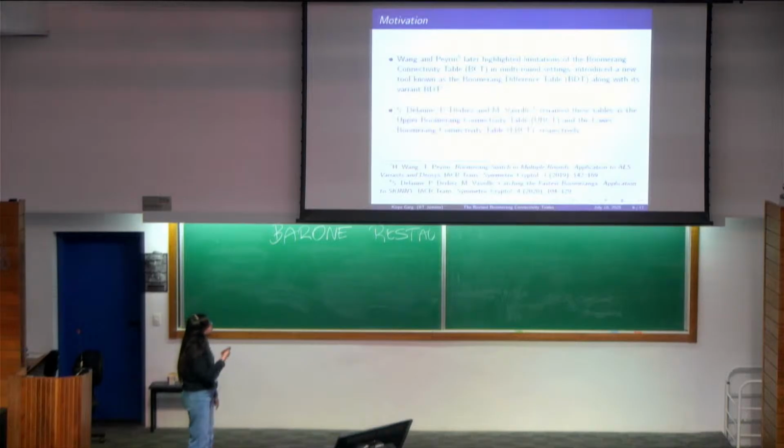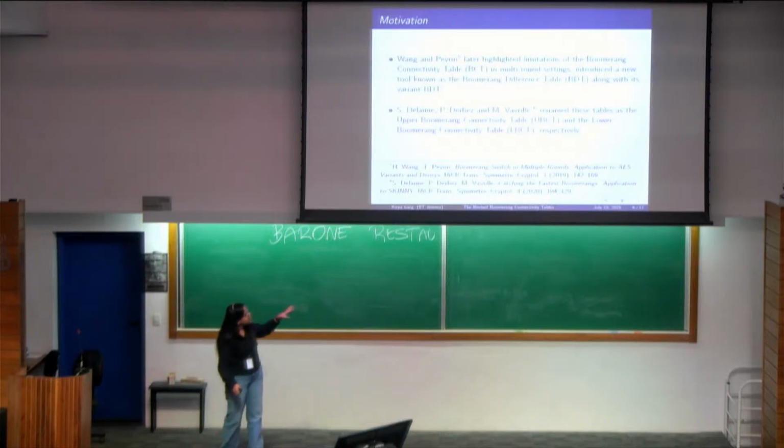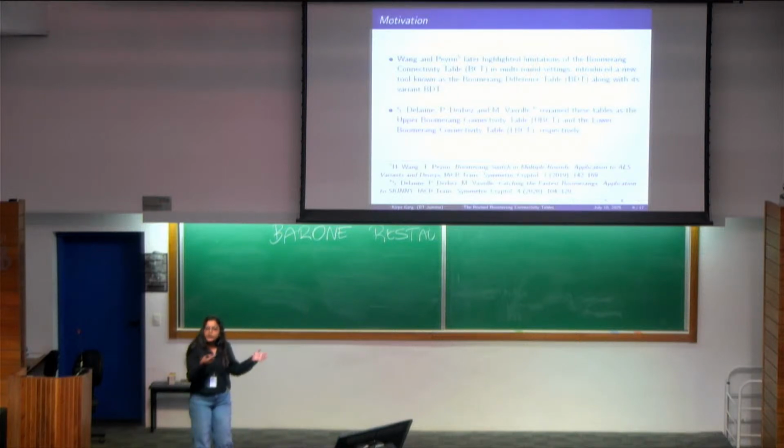Later, Delaunay, Perrin, and Vergne, sorry for the pronunciation, renamed these tables as the upper boomerang connectivity table and lower boomerang connectivity table, basically to emphasize the upper characteristic and lower characteristic respectively. As you can see, this notion is from 2019, 2020, and the difference distribution table was very well known from the 1990s. I know there are still many open problems like the big APN problem.